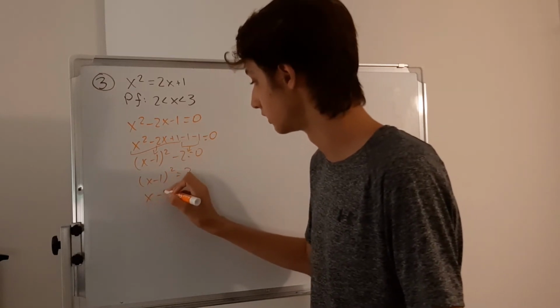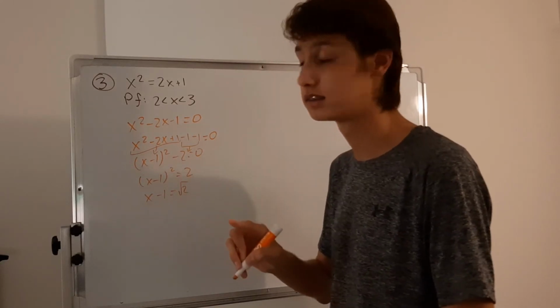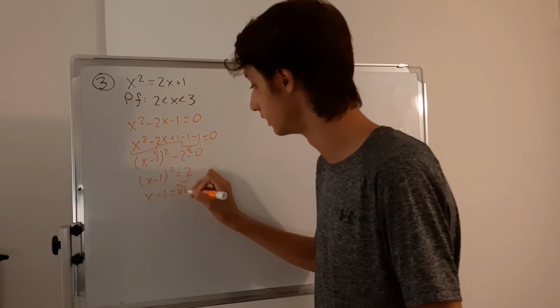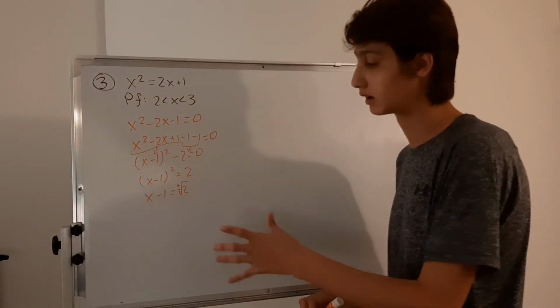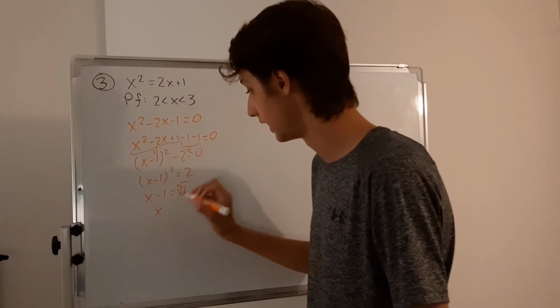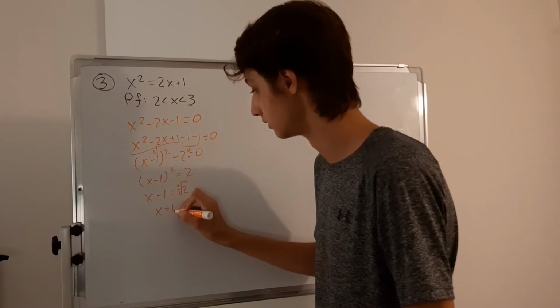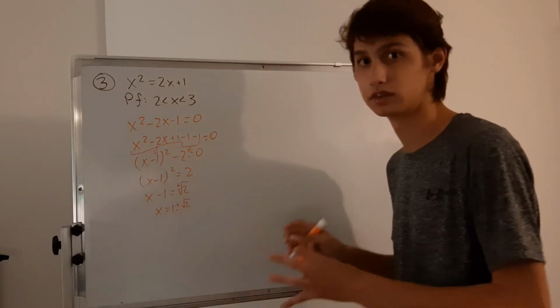And then x minus 1 is equal to the square root of 2, but in this case, it has to be plus or minus, because we're not done yet, because we still have to add the 1 on both sides, so I'm going to keep the plus or minus just for safety, okay?